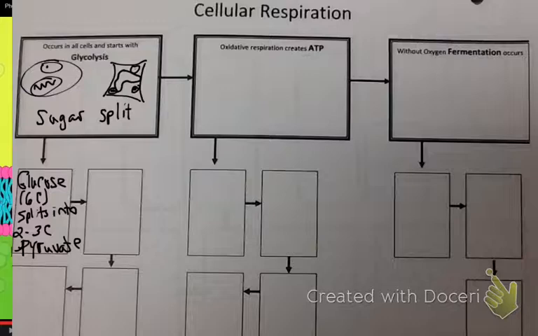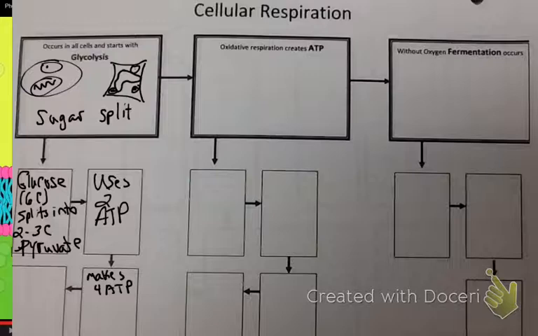Pyruvate, pyruvate. So we use 2 ATP, so we spend money, so we need to make some money now. So in the process of taking glucose and splitting it into 2 pyruvates, we actually do make 4 ATP, which we call a net gain.